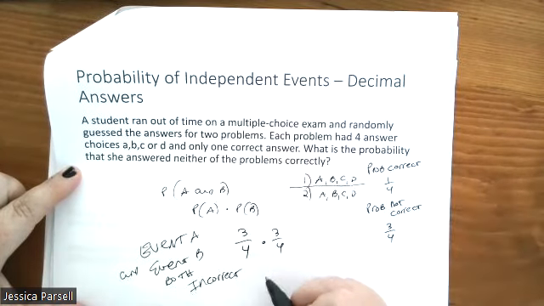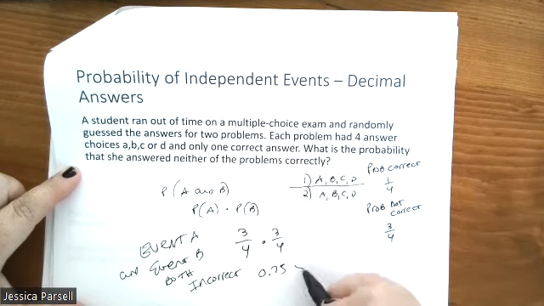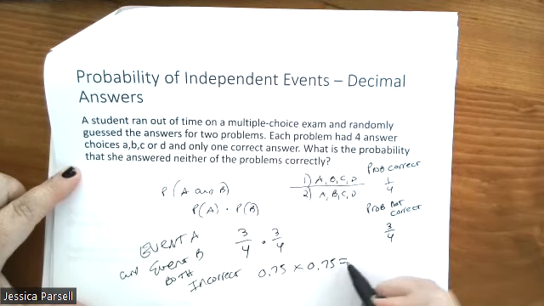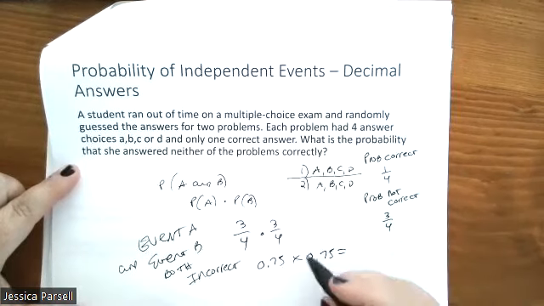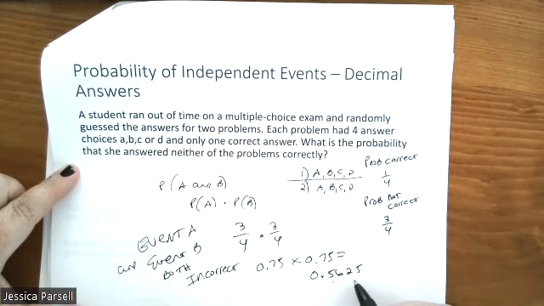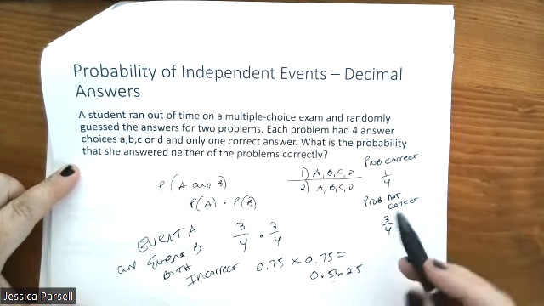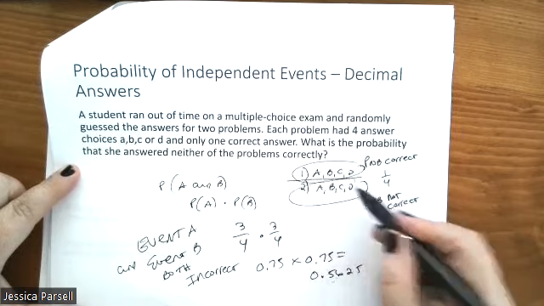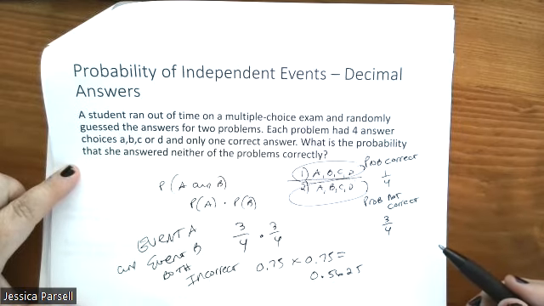Okay, so we know 3/4 is 0.75, times 0.75, and 0.75 times 0.75 is going to turn to 0.5625. So there's a 56.25% chance that she'll answer this one incorrectly and this one also incorrectly. Problem 1 and problem 2. Okay, moving on.